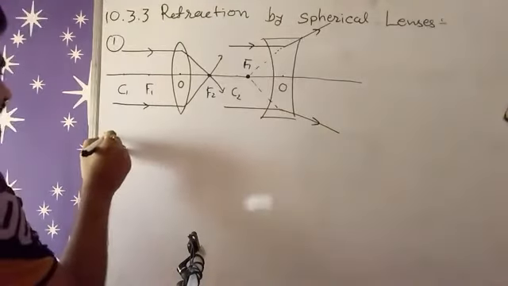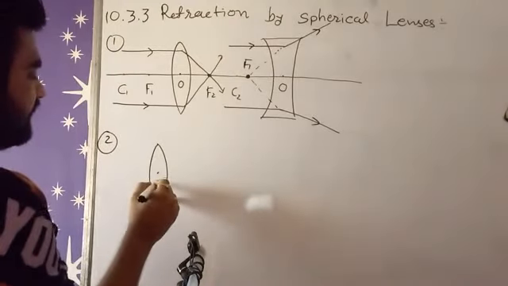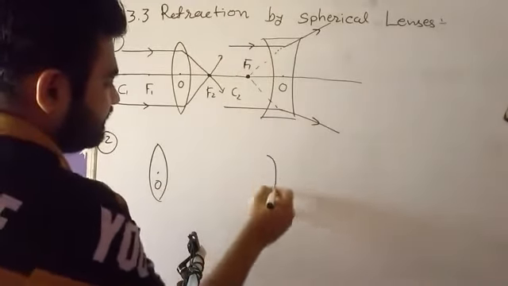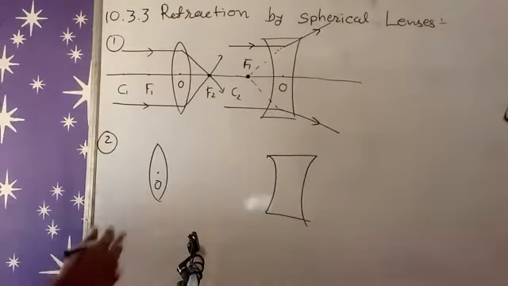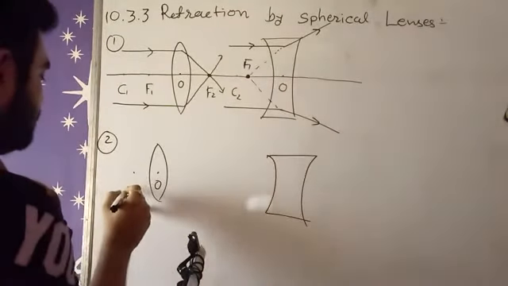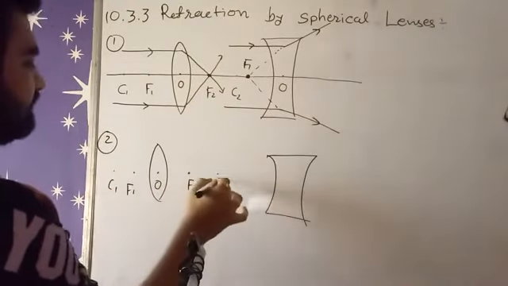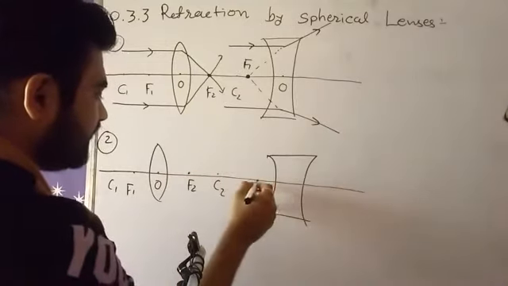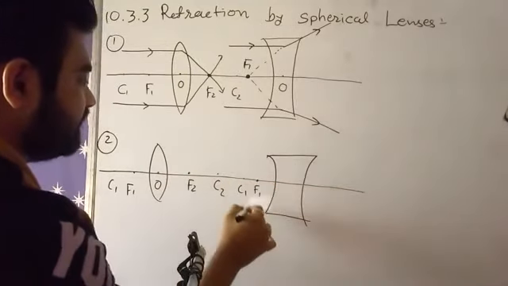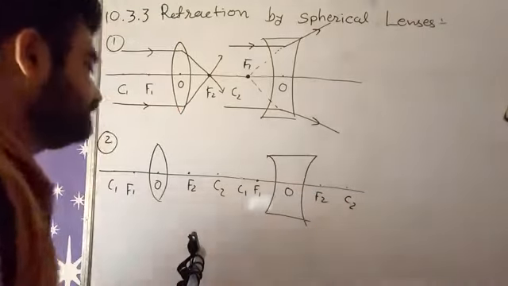Now the second characteristic, again similar, we are having both kinds of lenses, convex and concave. Here again I have to draw F1, F2, C1 and C2. So this is the principal axis. Here also we are having F1, C1, F2, C2, and the optical center.